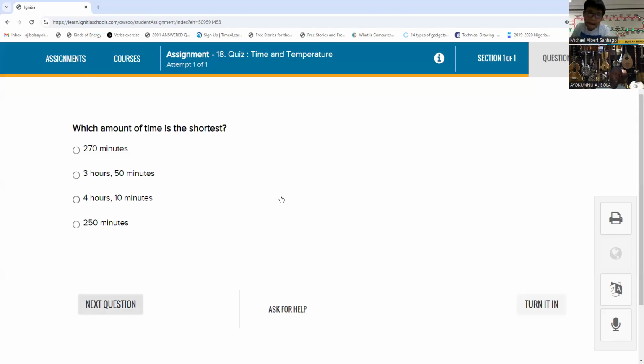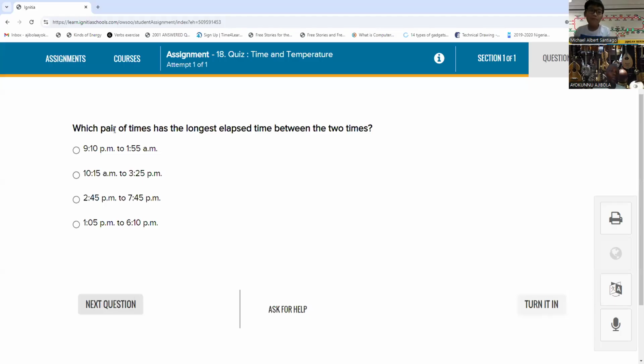So let us say they are almost the same thing. But we're looking for the shortest. So definitely we can't pick 270 and we can't pick 4 hours because we can see 3 hours there. So let us now check 250 minutes. 250 divided by 60 is also 4 hours plus. So it is these 3 hours.